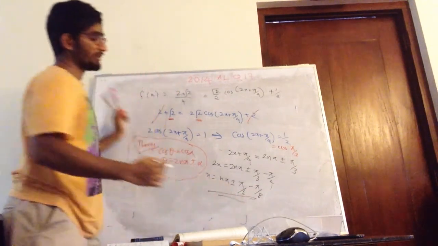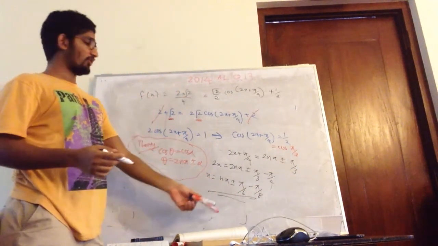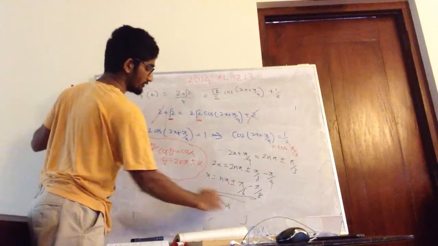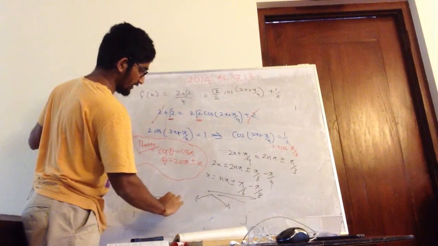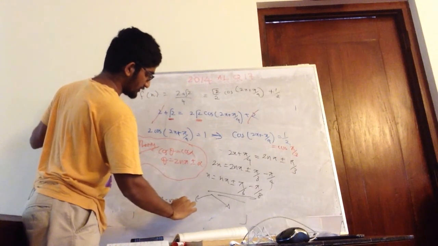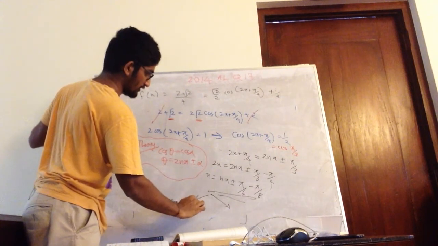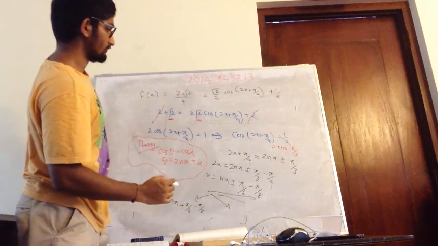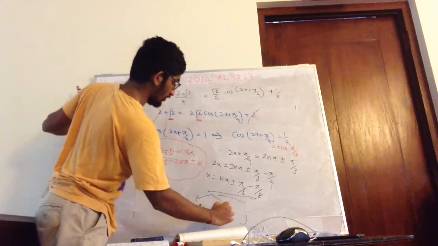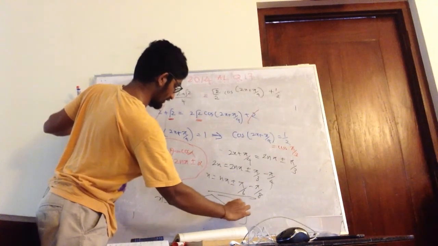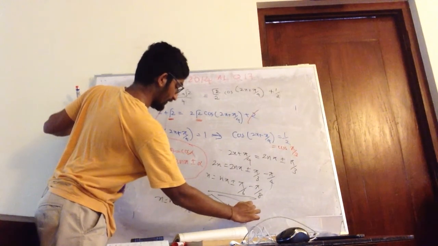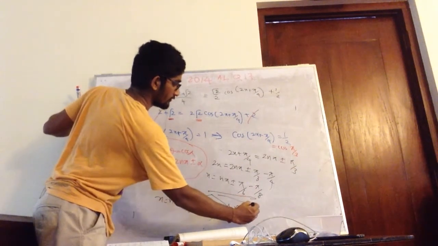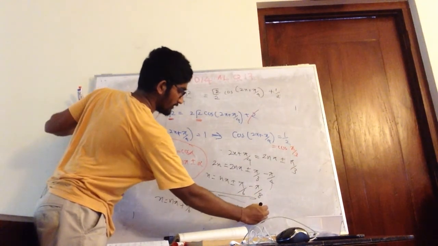You can keep it in this way, or you can evaluate this in two ways. x equals nπ + π/6 − 5π/8, or x equals nπ − π/6 − 5π/8.